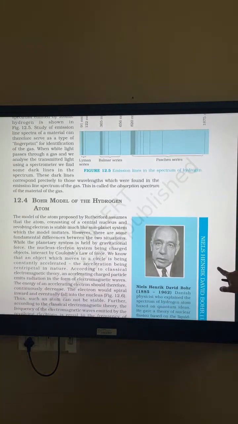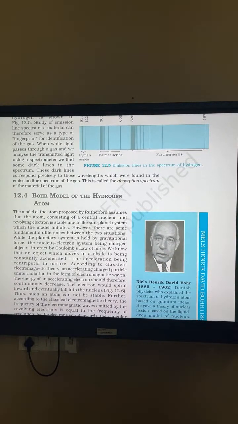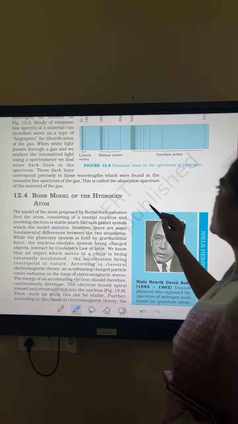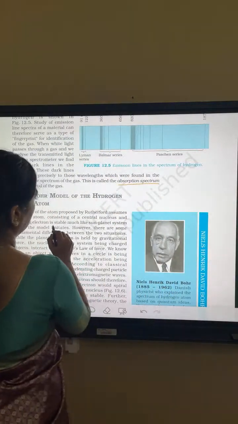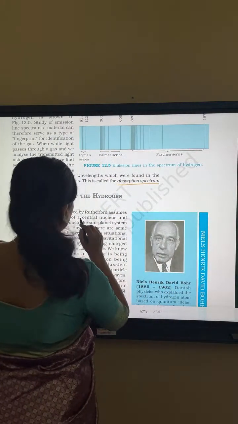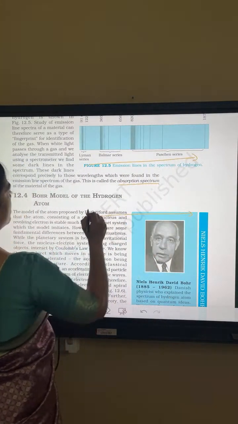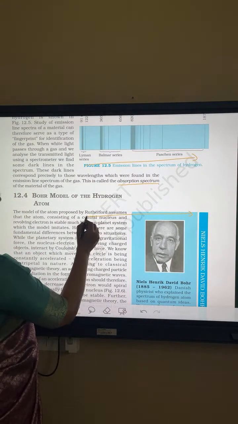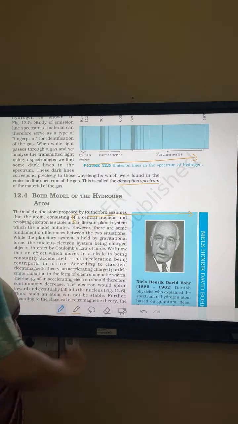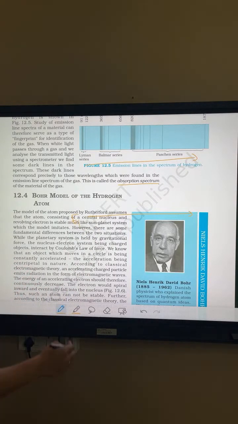There are absorption spectrum and emission spectrum. What is the absorption spectrum they are talking about? I was teaching, what is this? This is ground level, E1. What does it represent? The outermost electron is now in its ground state.